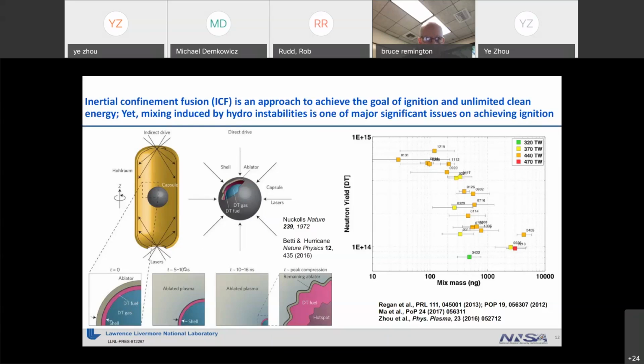The alternative method is so-called indirect drive. You have a hohlraum, usually made of gold. Rather than applying the laser beam directly to the target, you apply the laser beam to the side of the hohlraum, to generate a very intense X-ray field to drive the capsule.